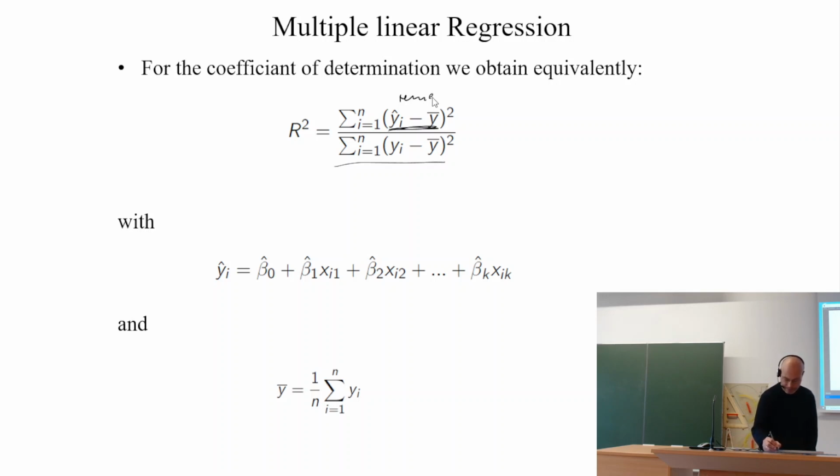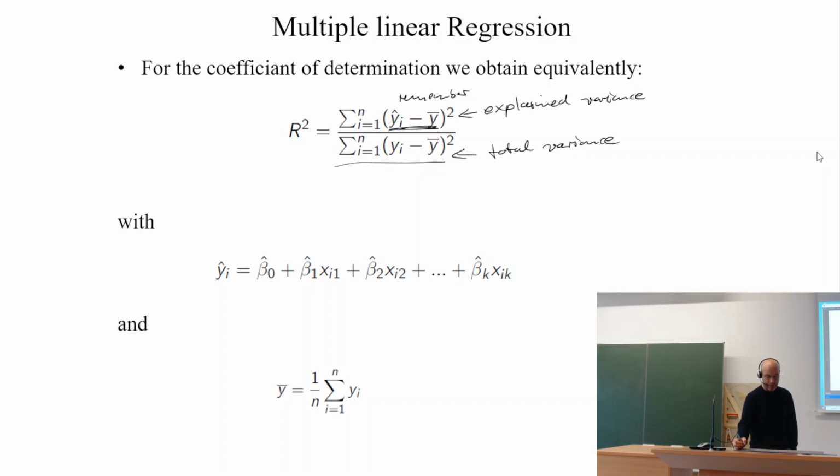Remember, this is the explained variance and this was the total variance. And everything is just defined as we had it before in the simple regression, but only now in the multilinear case.